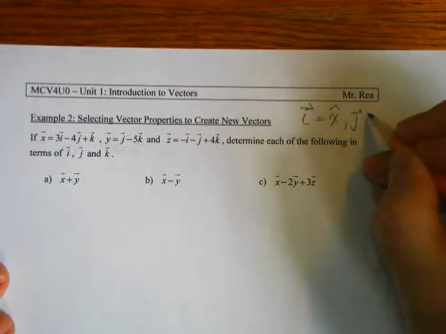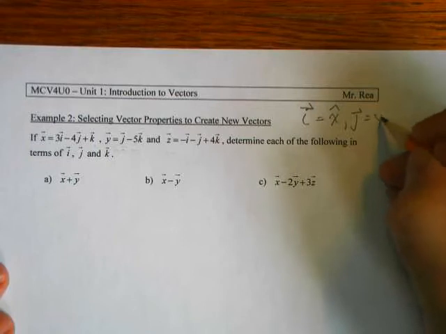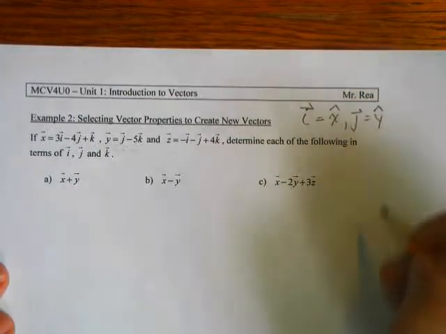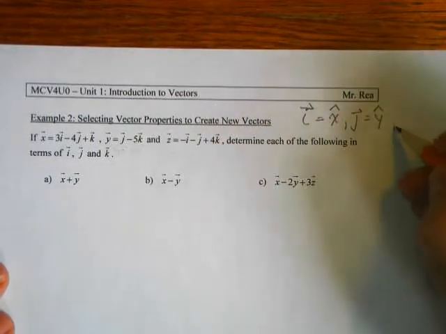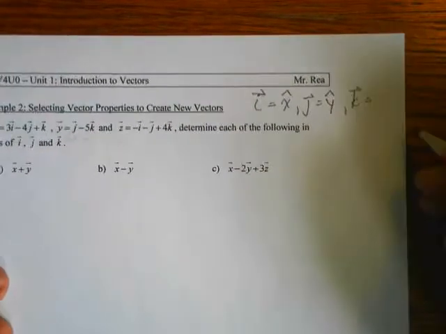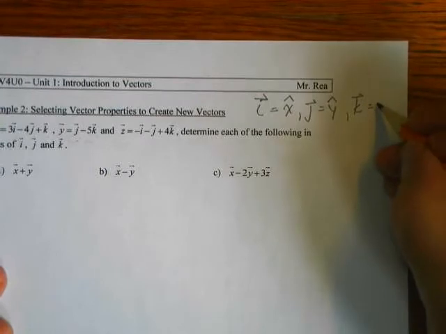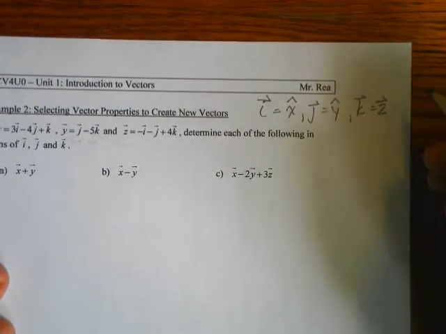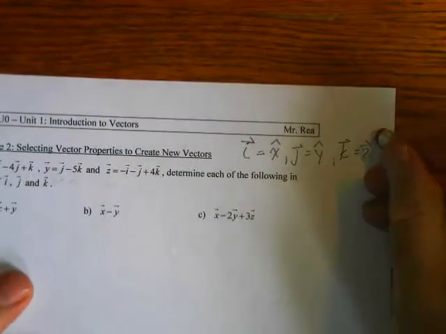Vector j is going to be the unit vector for y. So I got my hats there. And then vector k, that's going to be the unit vector in direction z. Oops, I had to put a hat on that one.